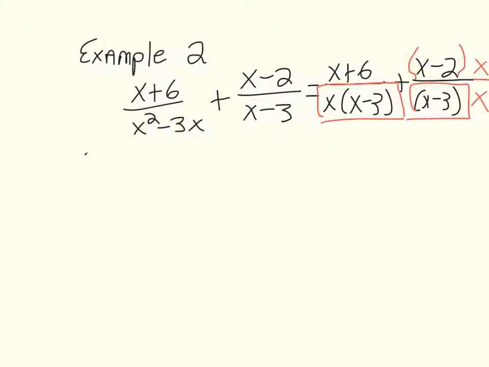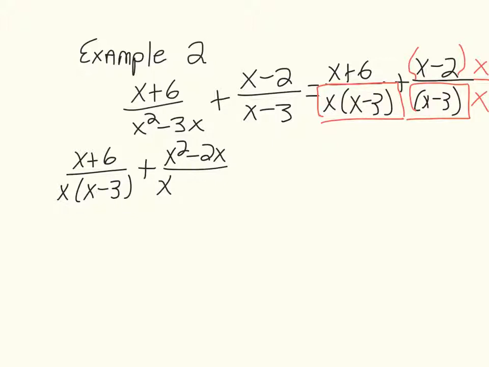So now we have x plus 6 over x times x minus 3 plus x squared minus 2x over x times x minus 3. I'm just leaving my denominator in factored form right now.